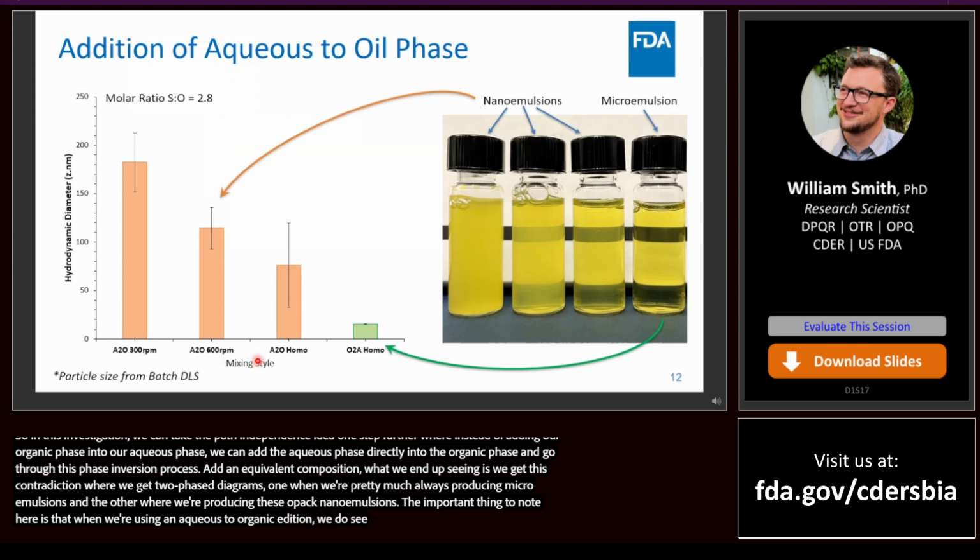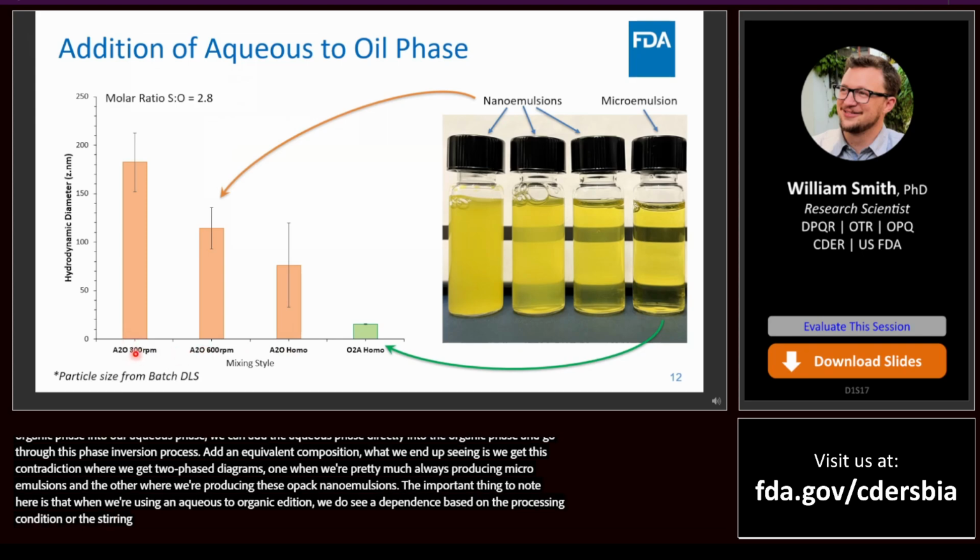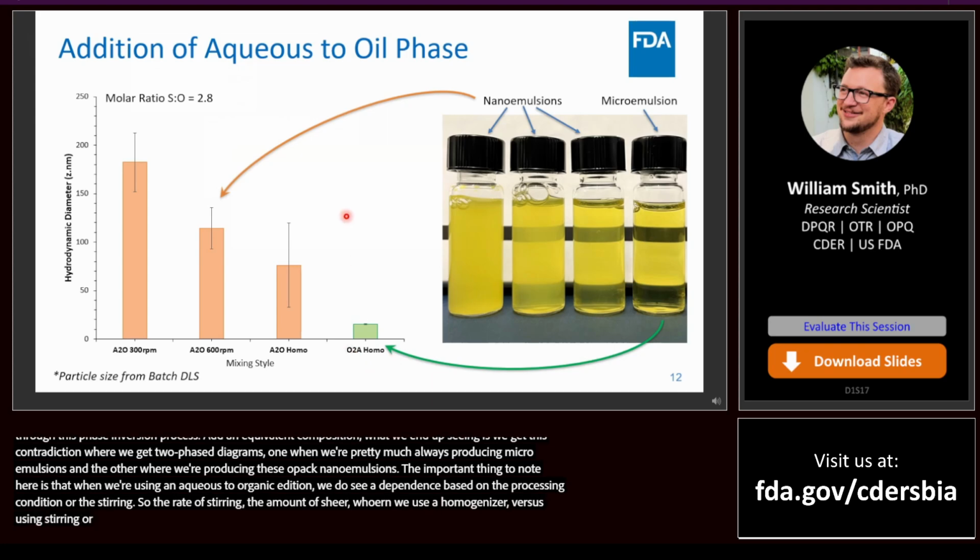The important thing to note here is that when we're using an aqueous to organic addition, we do see a dependence in the particle size and the optical properties or turbidity based on the processing condition or the stirring. So the rate of stirring, the amount of shear, whether or not we use a homogenizer. Whereas when we use a stirring of any variety or a homogenizer in the organic to aqueous direction, we pretty much always get the same thing.